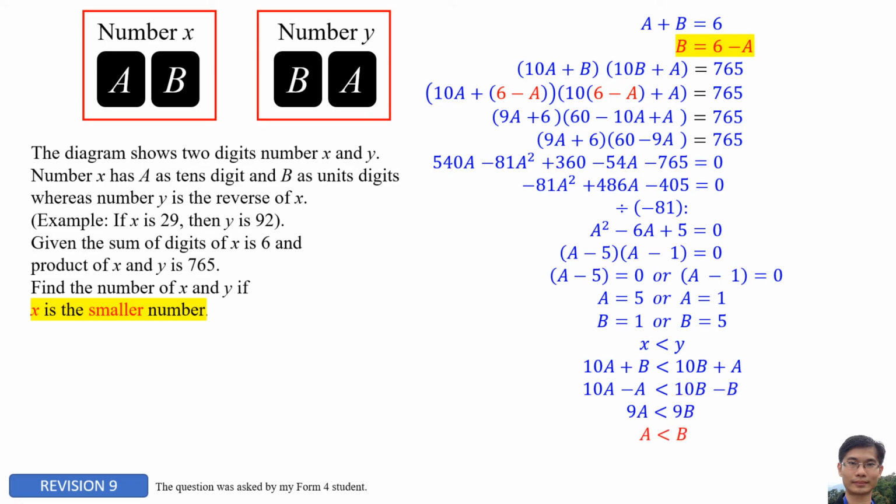So we get a is less than b. So a is equal to 1, b is equal to 5. So in conclusion, x is equal to 15, y is equal to 51.